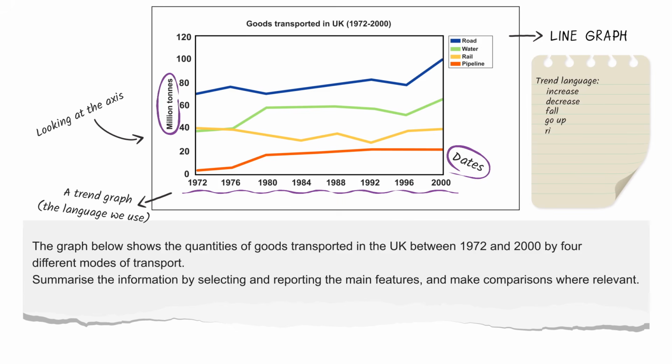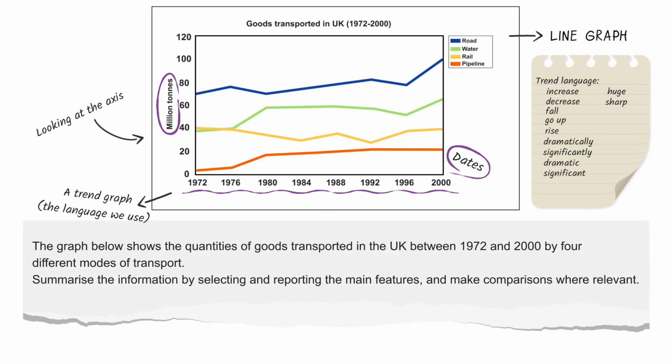Go up, rise, or also some adverbs like dramatically, significantly. Let's say some adjectives like dramatic, significant, or let's say huge or sharp, all right? So these are the words that we need to use in writing our report when it's about trend graphs.